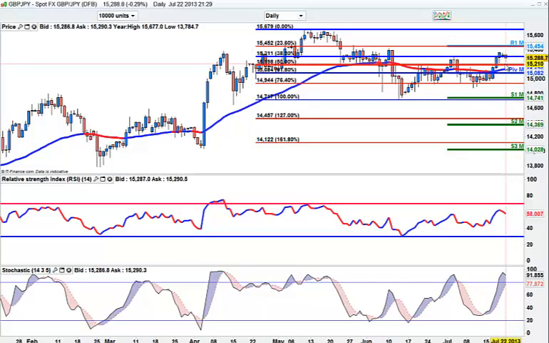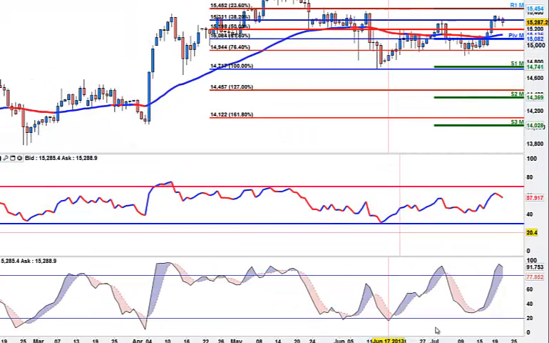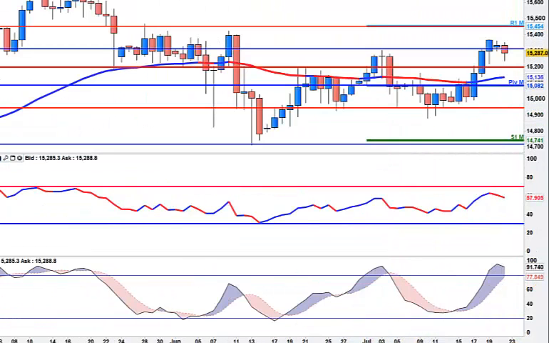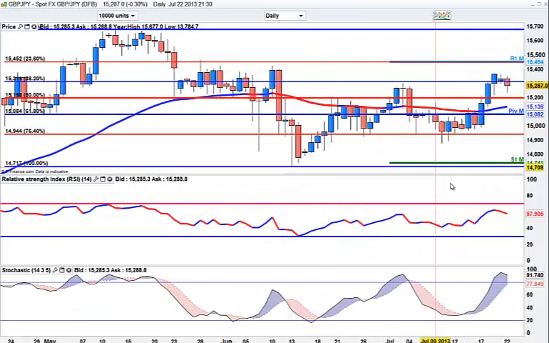If we can see 152, I would still look out for 152. May not get that far. It's a bit of a hangman bar there. Let me make that bigger. Bit of a hangman bar there, so that could drag that down to 152, at which point I would be a buyer.